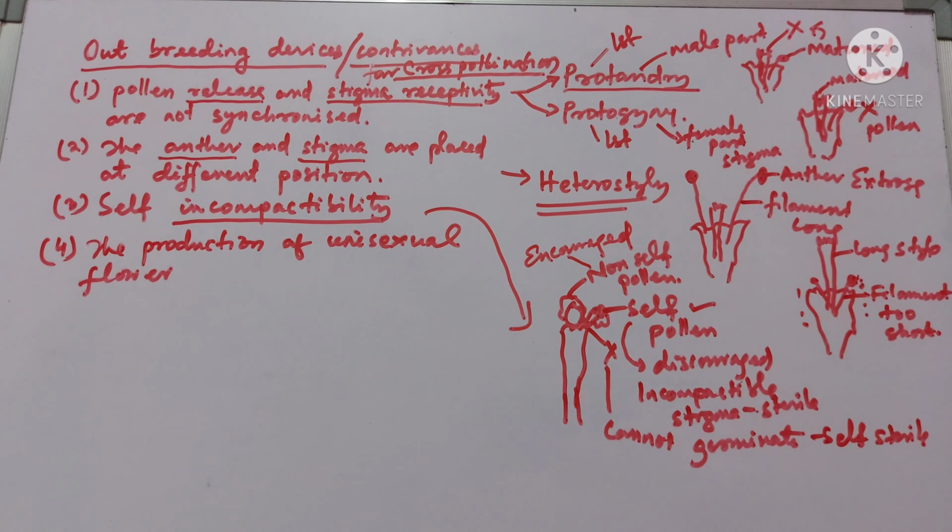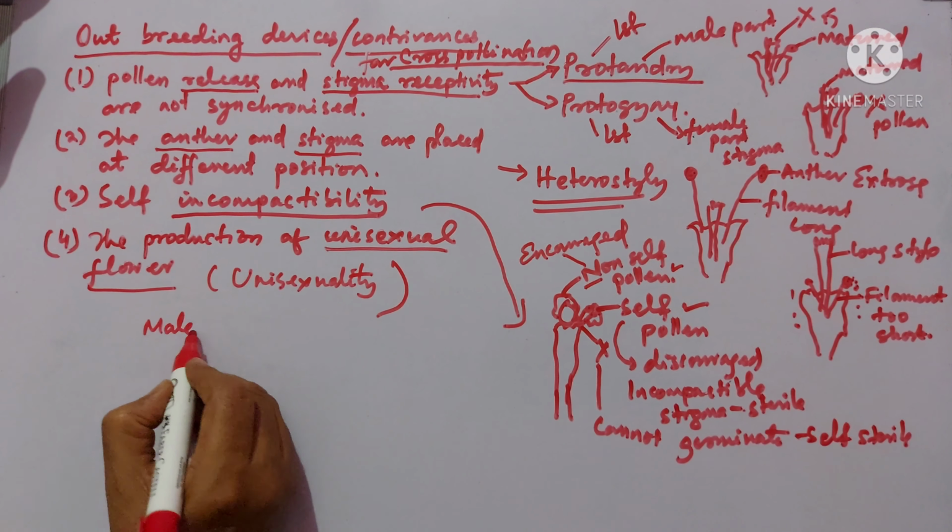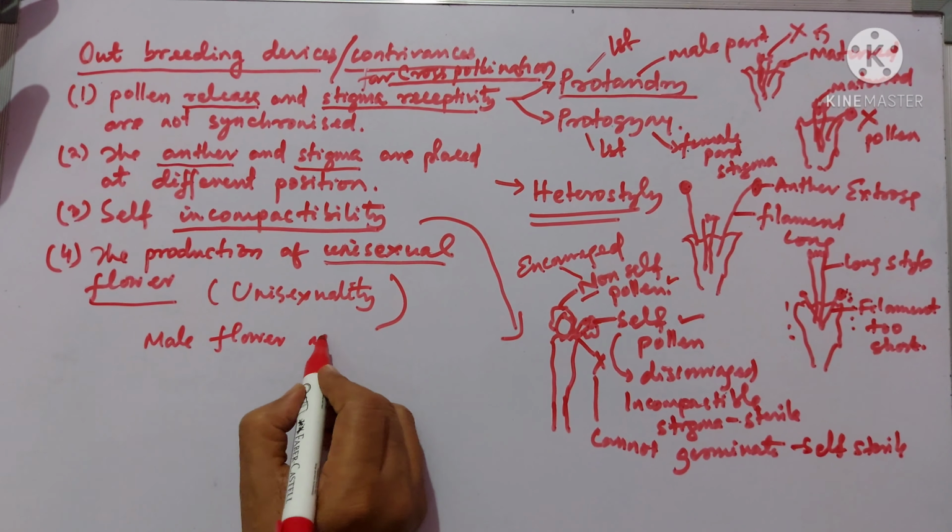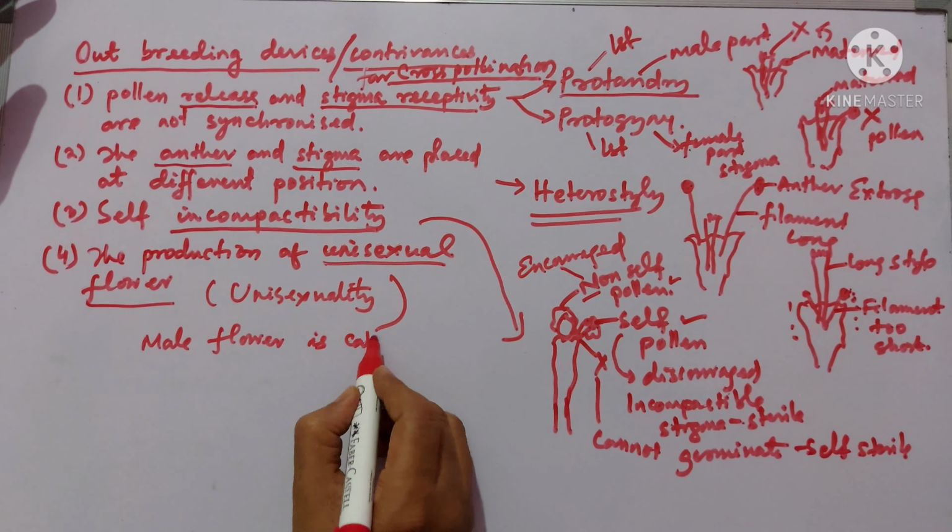The last one is production of unisexual flowers, or unisexuality we may say, where the male flower is called staminate flower, and the female flower is called pistillate flower, because you know that the stamen is the male part and the pistil is the female part.